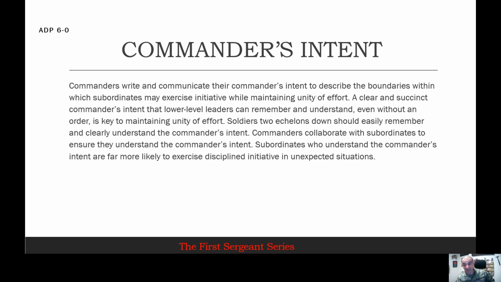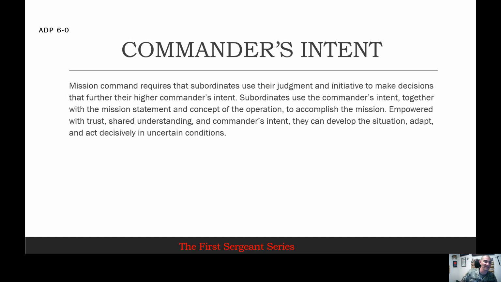Soldiers two echelons down should easily remember and clearly understand the commander's intent. Commanders collaborate with subordinates to ensure they understand the intent, and subordinates who understand the commander's intent are far more likely to exercise disciplined initiative in unexpected situations. Okay, so it's all building toward disciplined initiative.